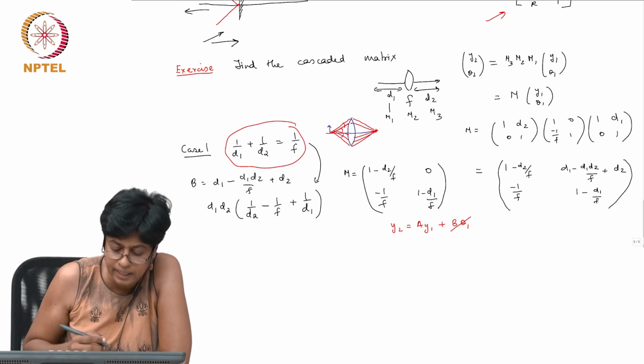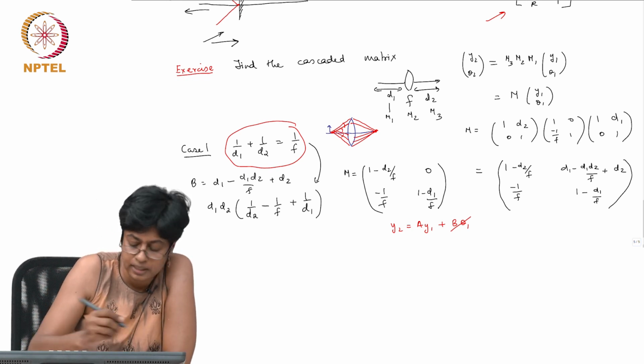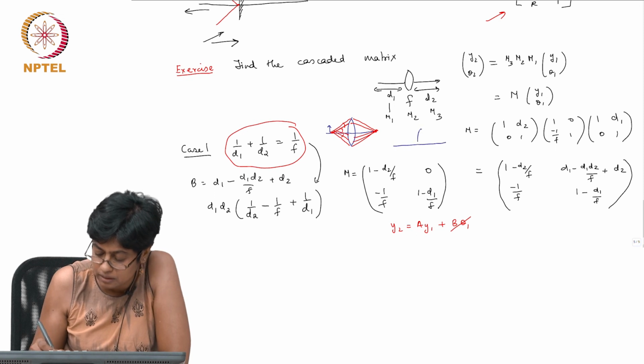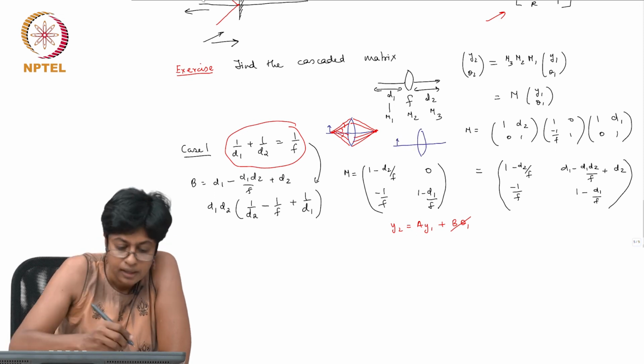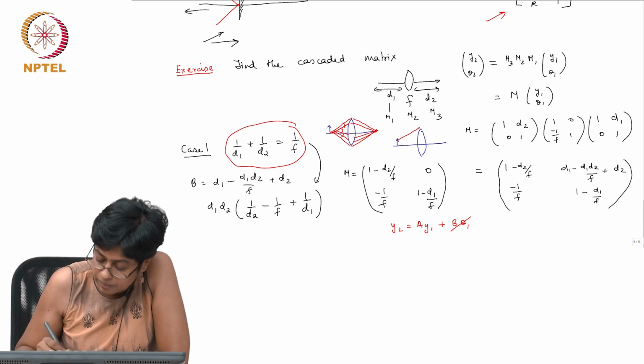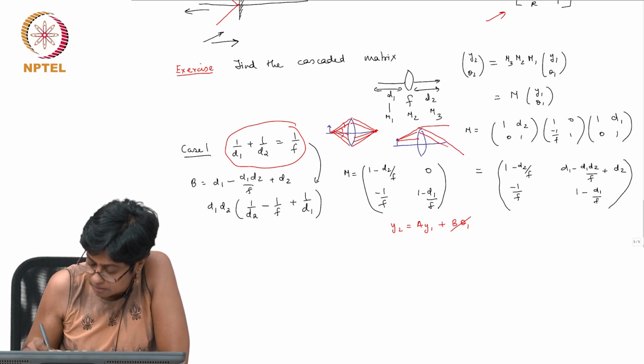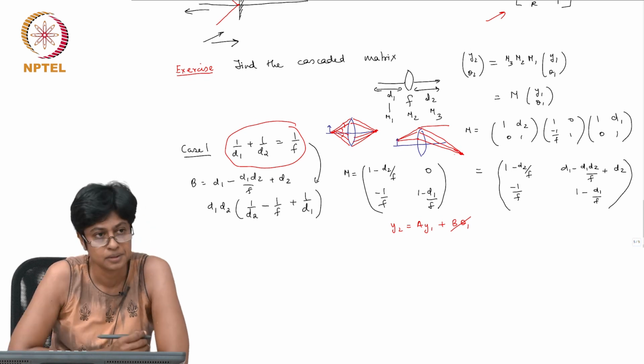I do not have to do it on axis. I could look at this as an optical system with an object, and I am looking at all the rays coming from this point, and they are all imaged here.